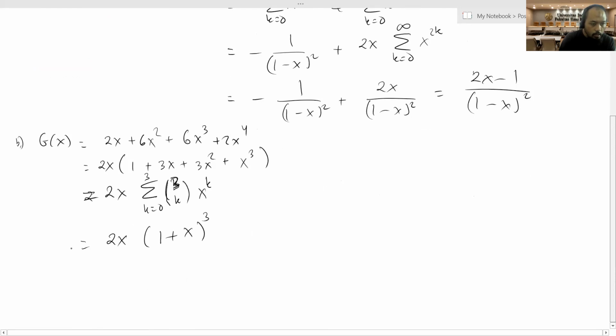Now what about the next part? Part C, g(x) is 15 plus 31x plus 63x squared plus 127x to the power of 3, and then 255x to the power of 4, and so on.